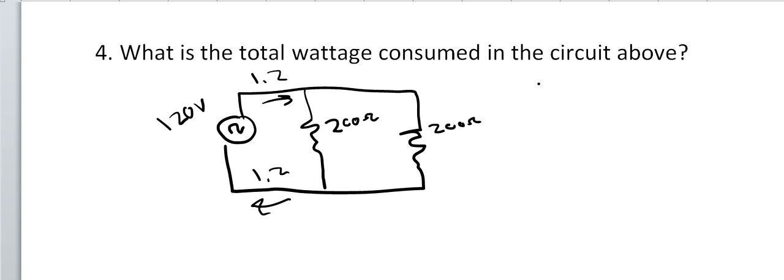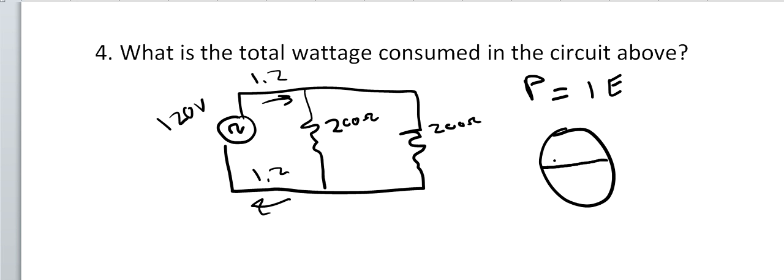So using our power formula, which is the total power is equal to the total amperage times the total voltage, we have all the elements we need to solve for total wattage. So we could put P up here. Amperage is 1.2 amps, and the total voltage is 120 volts.